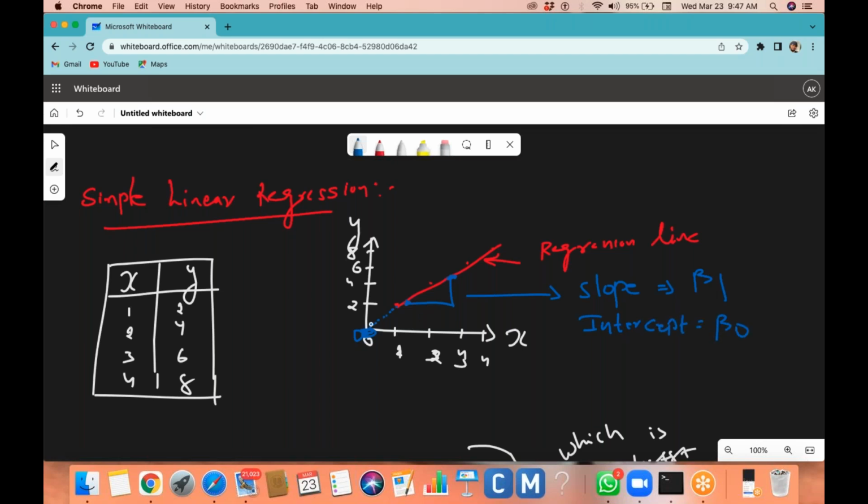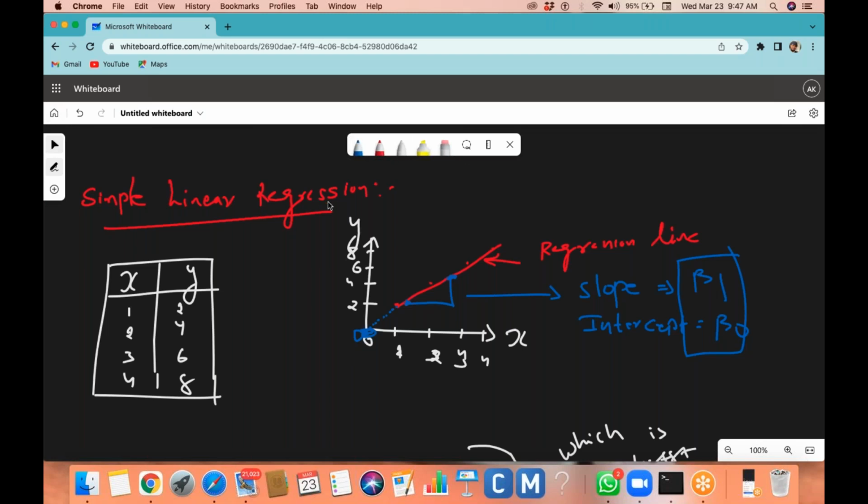That means if you want to find this particular line, we need to calculate these coefficients. Our aim is to find b naught and b1. If and only if we know b1 and b naught, then only can we find this particular best fit regression line. Tell me, guys, what is our aim now?